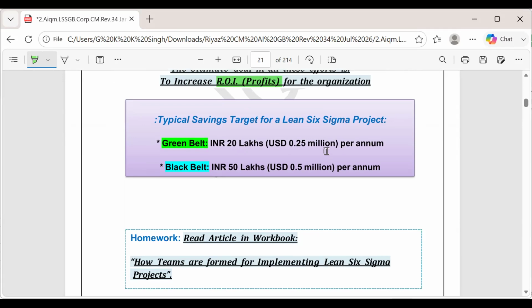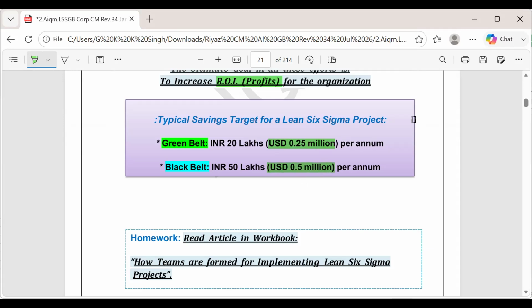These are guidelines. This is the general expectation that a team that undertakes a Six Sigma Green Belt project would generally save about 0.25 million USD per project. And for a Black Belt project, they would generally save about 0.5 million USD per year.